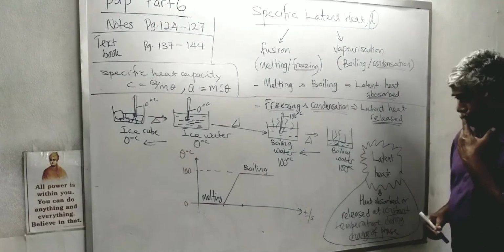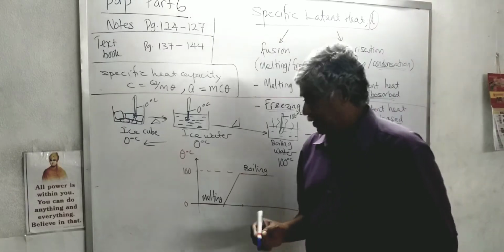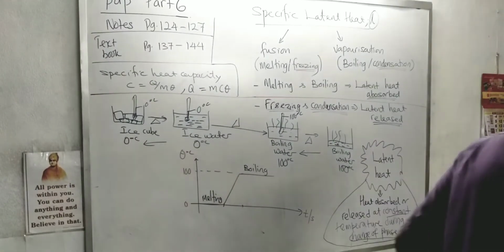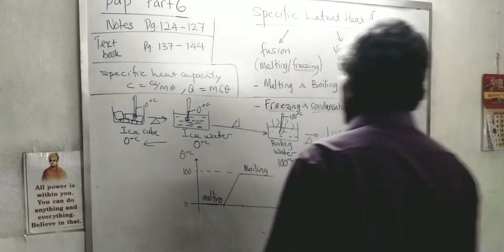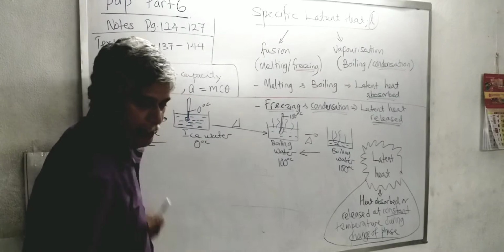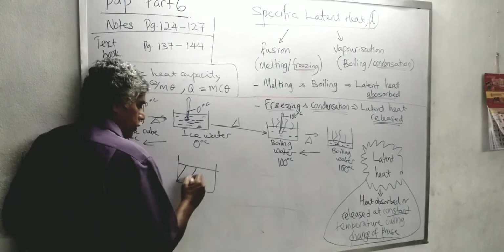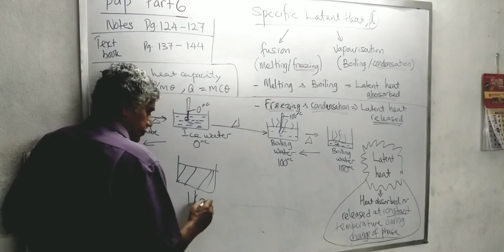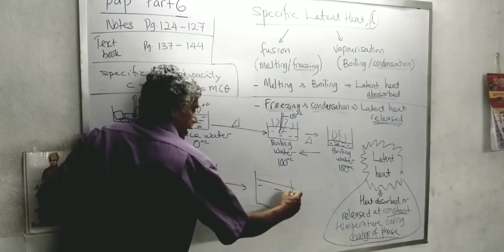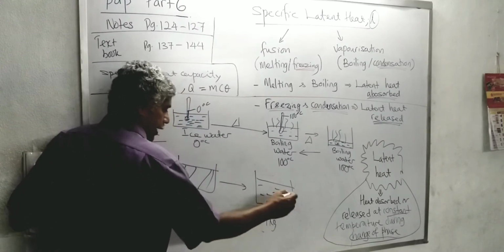Okay. So what we are going to see now is the formula part. Suppose I take 1 kilogram of ice. I heat it up until all the 1 kilogram of ice becomes water.